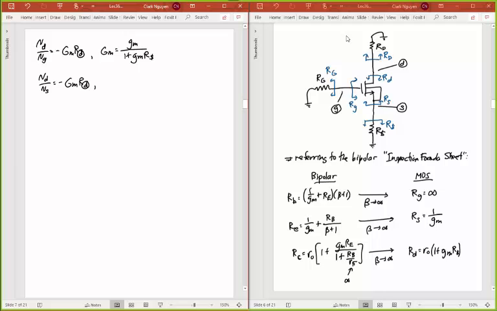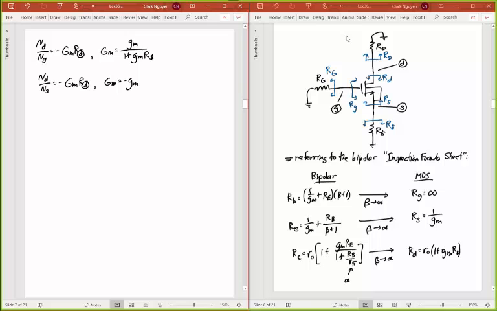Remember, for the bipolar case, we had a voltage divider between what resistance we had hanging off of the base and R pi. Well, in this case, R pi goes to infinity, so that voltage divider just goes to 1. So for MOS, it becomes very simple. The capital GM is just equal to minus little gm. You don't have to worry about any resistors around the MOS transistor in this case.